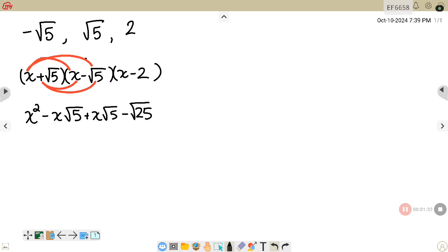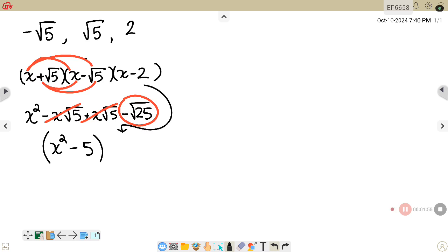Just like the i's on the previous video, these middle two terms cancel each other out. So I am left with the x squared. Now at the end, I've got minus the square root of 25, which is just saying minus 5. So that took care of multiplying the first two factors together.